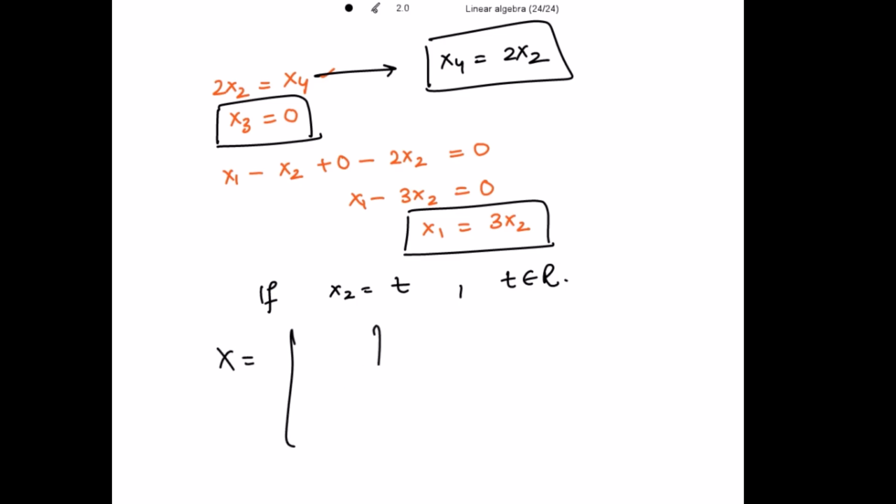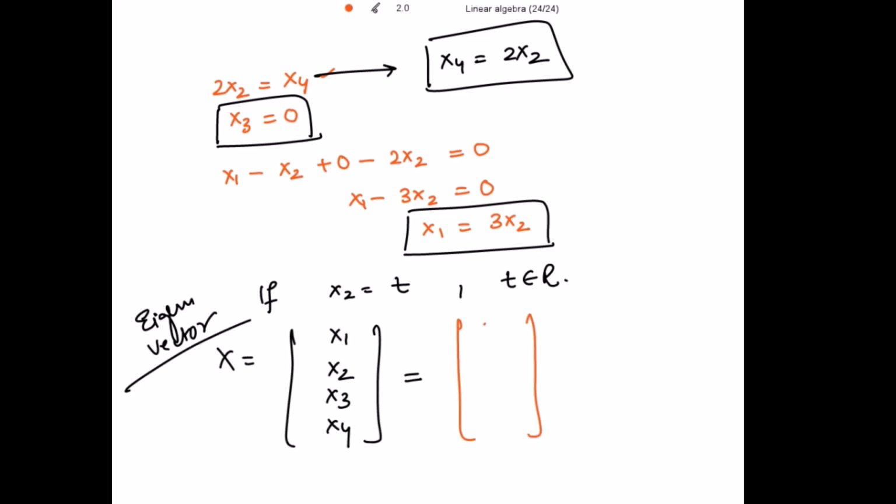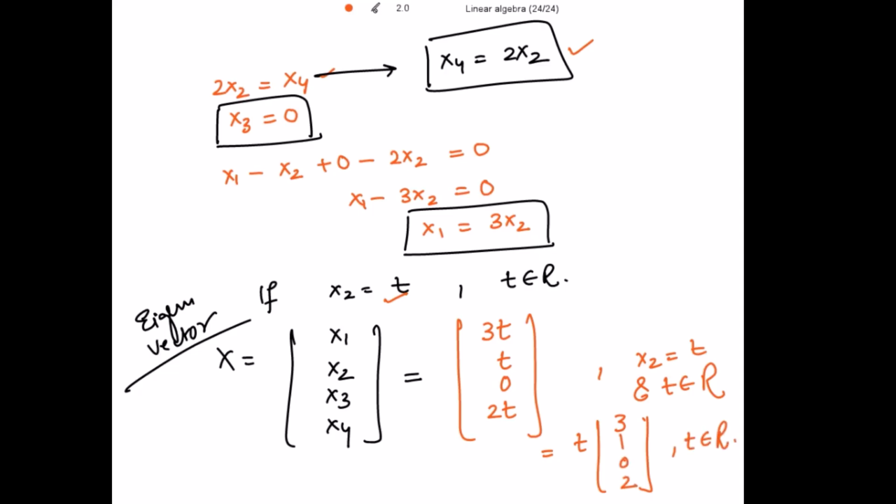The value of x1 to be, let's write the eigenvector now. x1 is 3x2, that is 3t, right? For x2 equal to t. x2 is t, x3 is 0 and x4 is 2x2, that is 2t, for t belonging to the set of real numbers. And when we take t outside, we get here (3, 1, 0, 2), where t belongs to the set of real numbers.